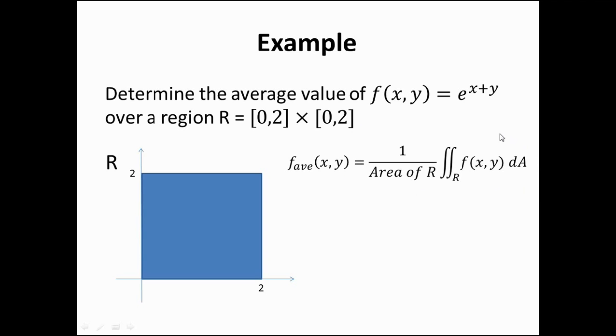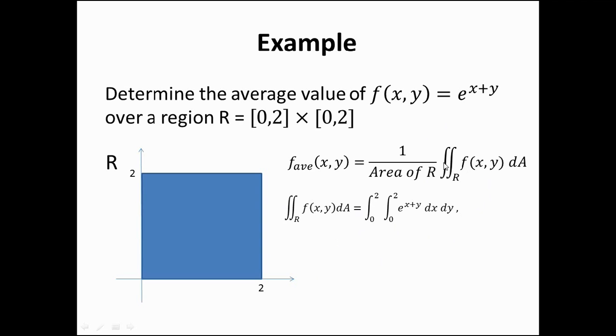To find the double integral, we insert f(x, y) into this formula, so it's e to the power of x plus y, with the limits in terms of dx and dy. Remember Fubini's theorem: the order of dx and dy doesn't matter here, and it matters even less because both limits are the same. So we find that the double integral is given by this formula here.